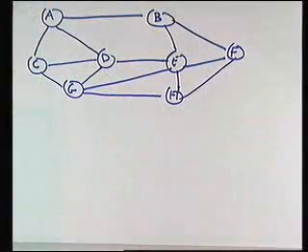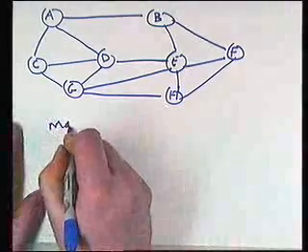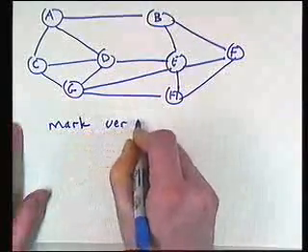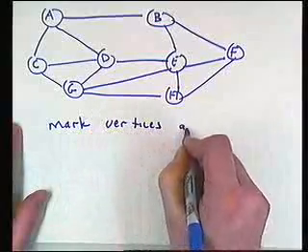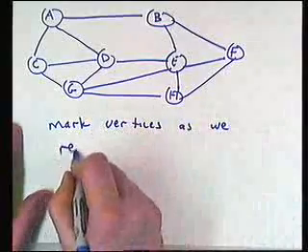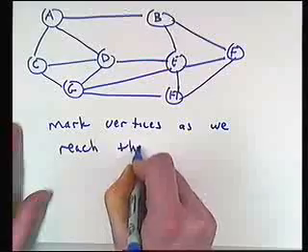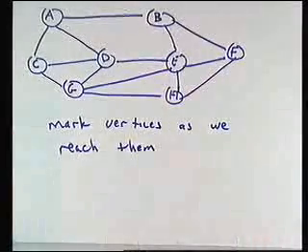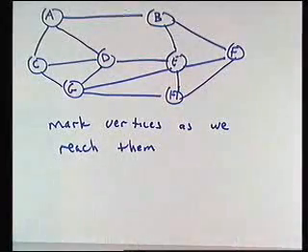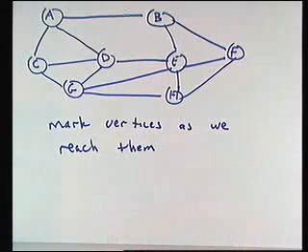And so you can have these cycles, and therefore, what we'll need to do is mark the vertices as we reach them. The issue being that as we reach these vertices, we want to signal that, okay, I've reached a particular vertex.